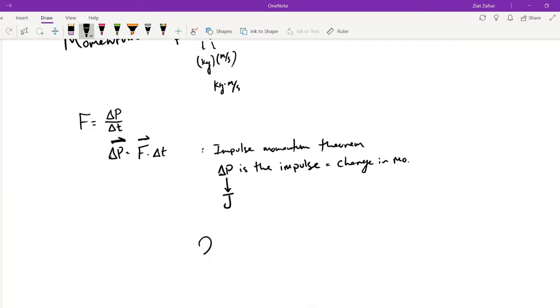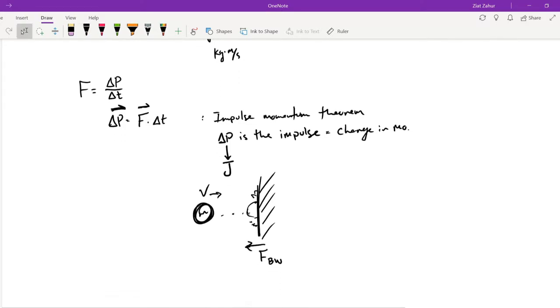So if an object is moving with some velocity v and crashes into a wall, the wall must be applying a force onto the ball. The force on ball by wall, FBW, points in that way.